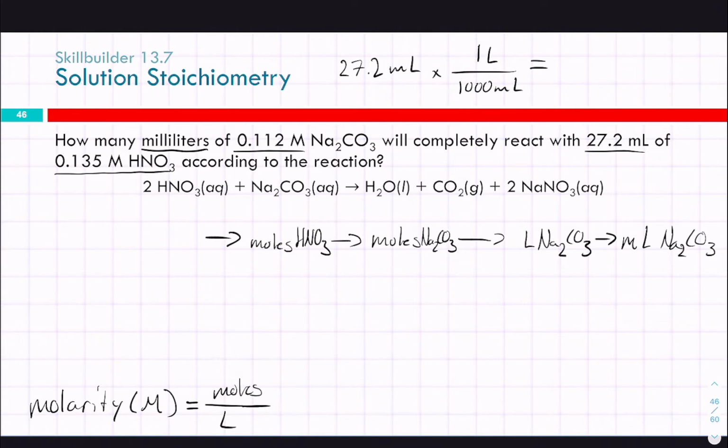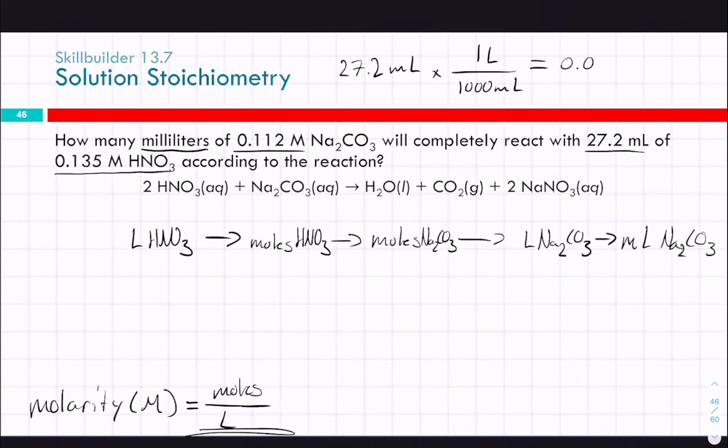But we do need to first convert our volume into liters, because again, molarity is moles per liter. So I wrote the conversion up here ahead of time. To convert from milliliters to liters, we just take our milliliters and divide by 1,000.